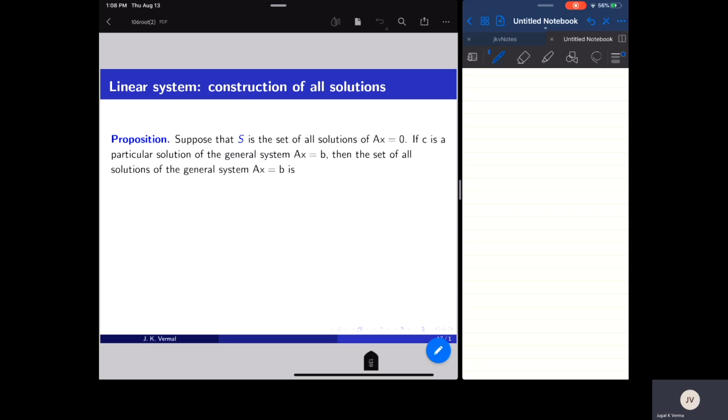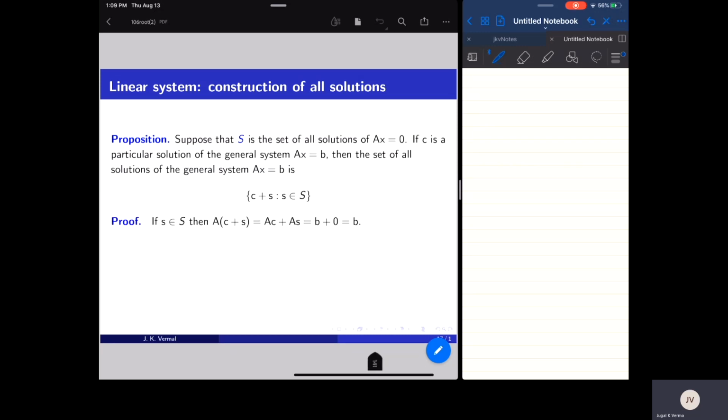Then the set of all solutions of the general system Ax = b is obtained by adding all the solutions of Ax = 0 to the particular vector c. So add c to each and every solution of Ax = 0, and the resulting set of vectors is the set of all solutions of Ax = b.